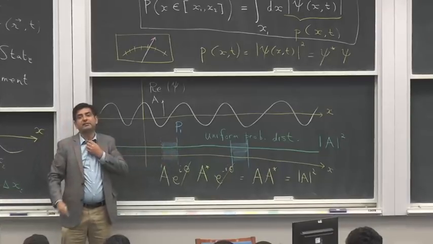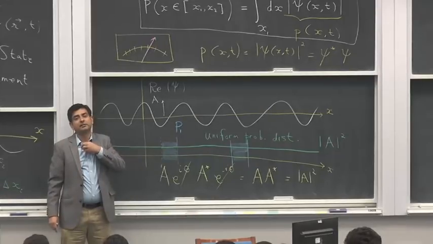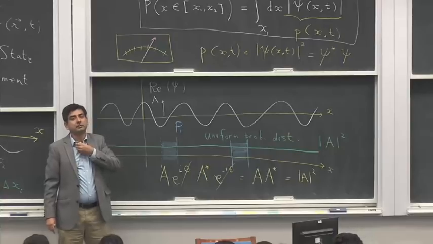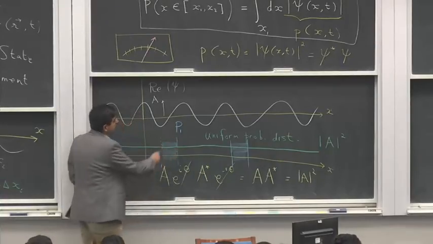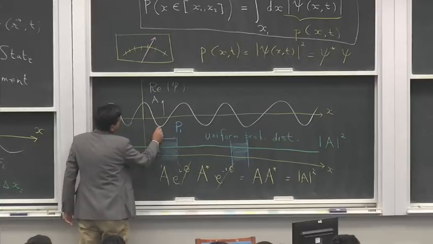Yes? Probability shouldn't be the same irrespective of the width which you are taking. No. So suppose this length is delta x.